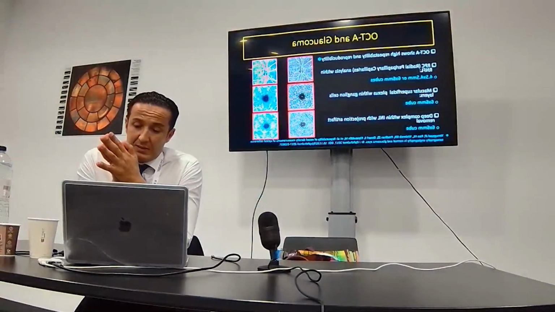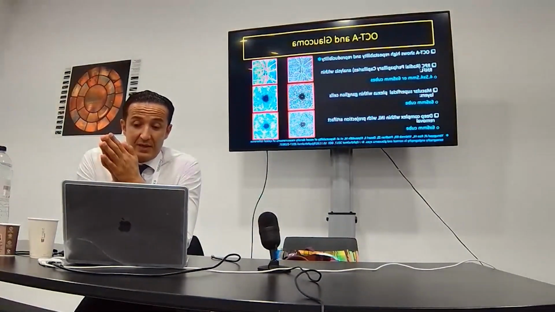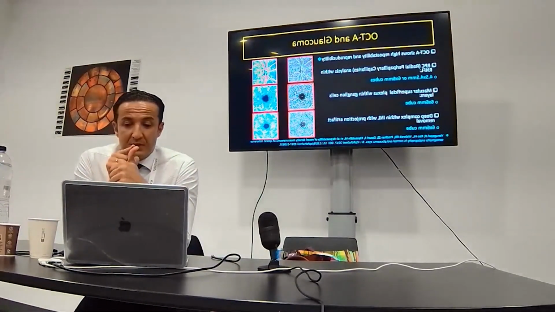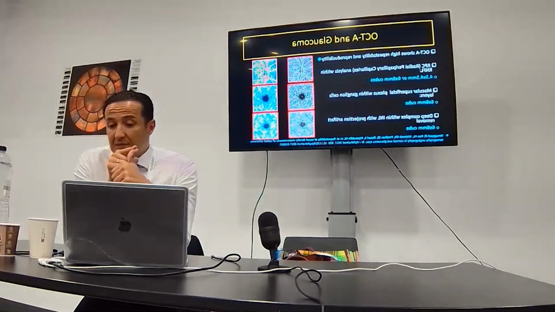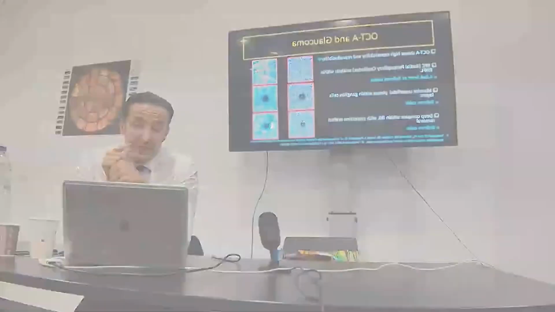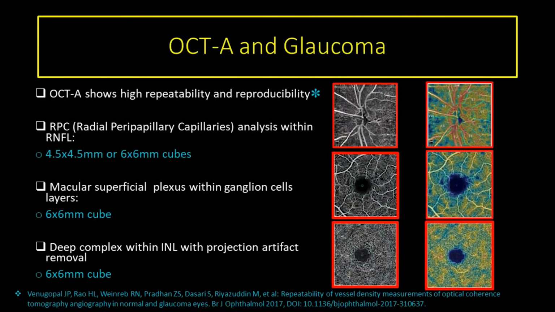We know with OCT angiography, you can quantify the radial peripapillary capillaries within the RNFL, superficial plexus within the ganglion cell layer, and deep complex within the inner nuclear layer. And we know that the nucleus of Müller cell is in the INL.